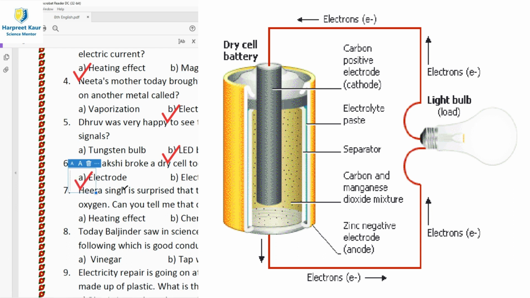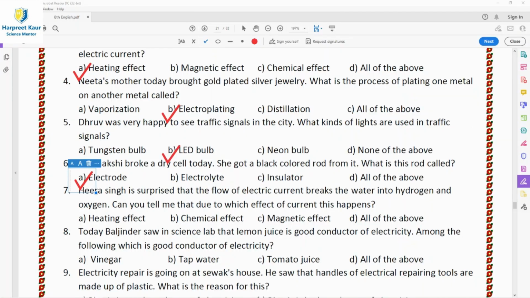But let's explore the other options also, like electrolyte. What is an electrolyte? Electrolyte is a liquid which can conduct electricity. That is, it allows the electricity to pass through it. So that conducting liquid is called an electrolyte. It may be, for example, copper sulfate solution. There are weak and strong electrolytes.